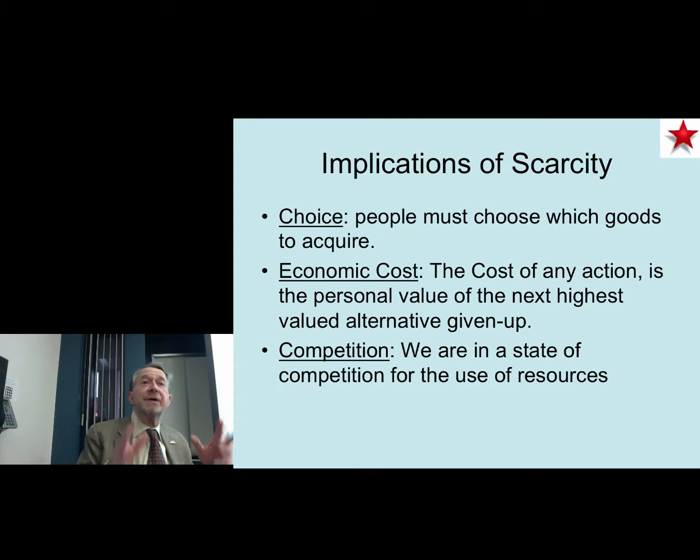If the resources are used to produce what you want, I can't use them to produce what I want. Everybody with me? I want more tennis courts. You want more bike paths, right? I want more fish raised in the wild and caught to put on top of rice. You want more cows raised to make burgers out of them and so forth. We're in a natural state of competition because of scarcity.